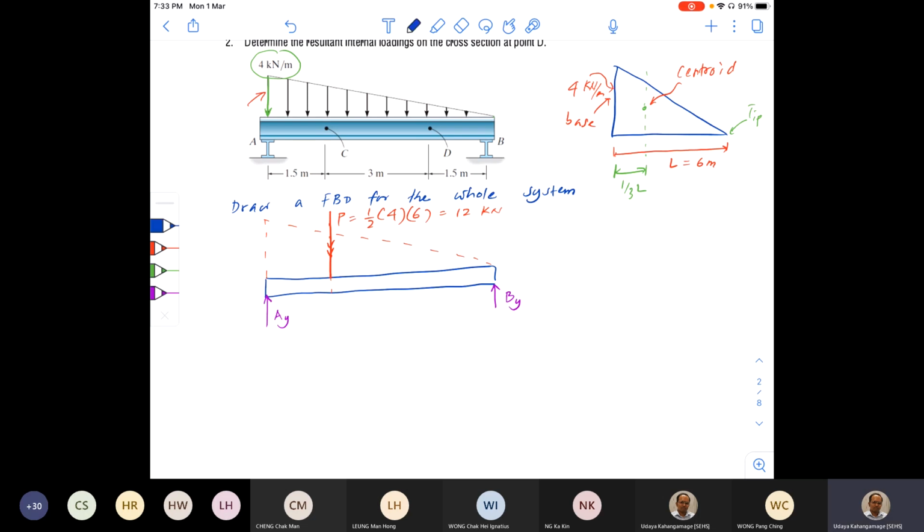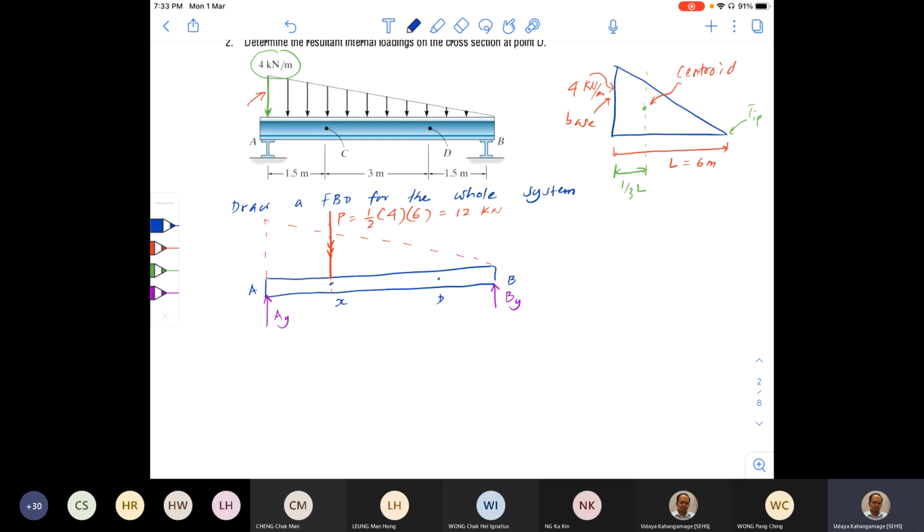Okay, and also name the diagram. This is A. This point at which we apply the resultant force, we don't know exactly. So just name it as X. Okay. And then here point D and point B.